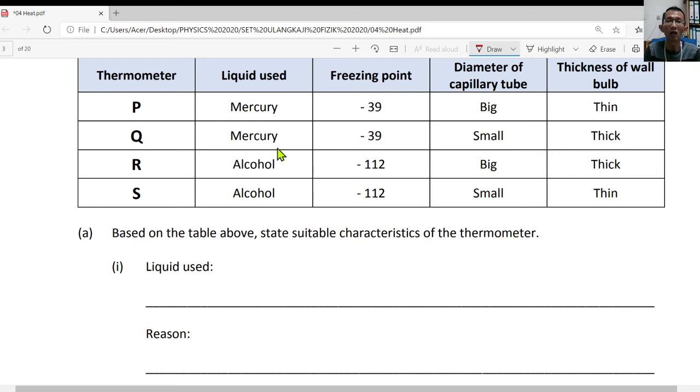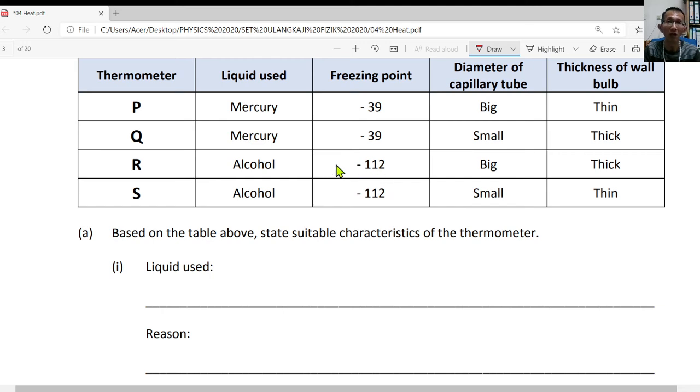You only have 2 choices, mercury or alcohol. Mercury, the freezing point is negative 39, and alcohol, the freezing point is negative 112. Which one are you going to bring to do your research at the North Pole?